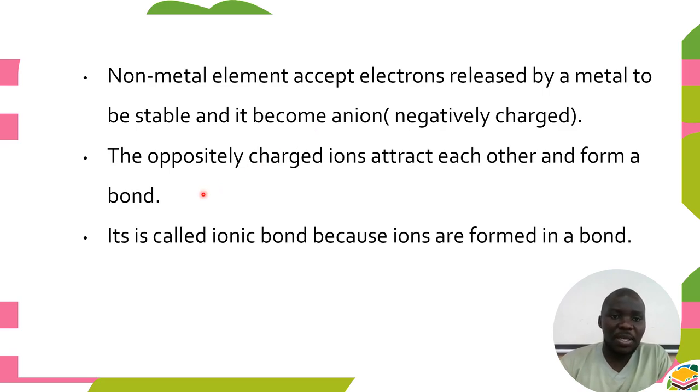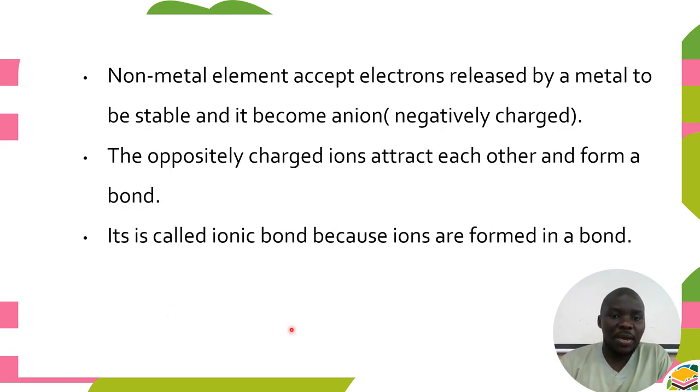This is where the electrostatic force of attraction comes in. The oppositely charged ions attract each other and form a bond. Remember, we said opposite charges attract, while same charges do not attract but repel. So the opposite charges which have developed attract each other and form a bond.